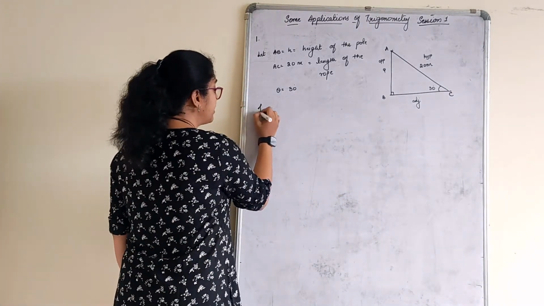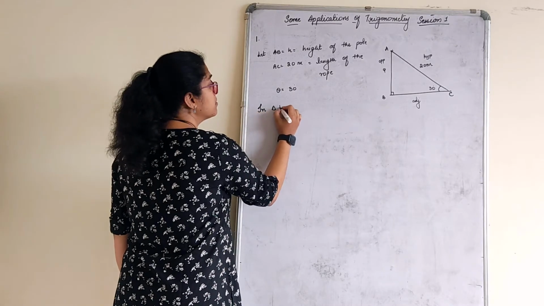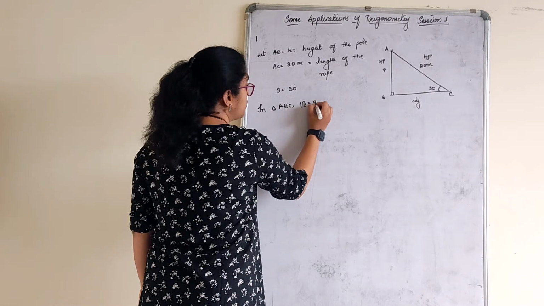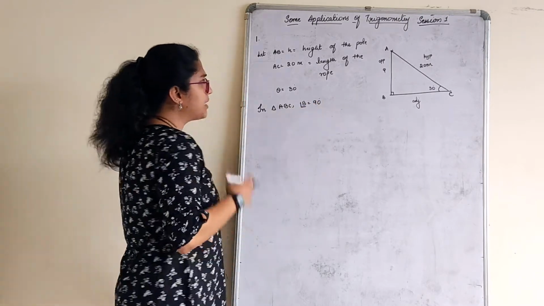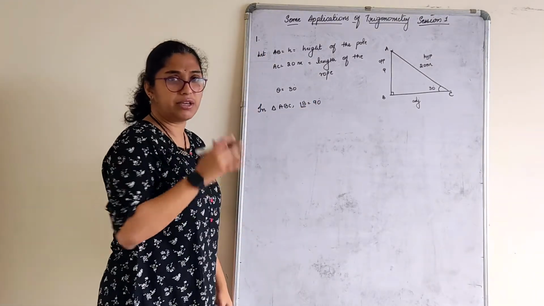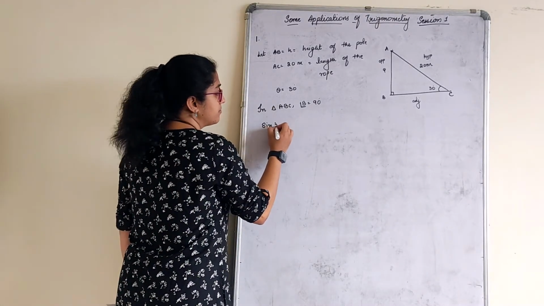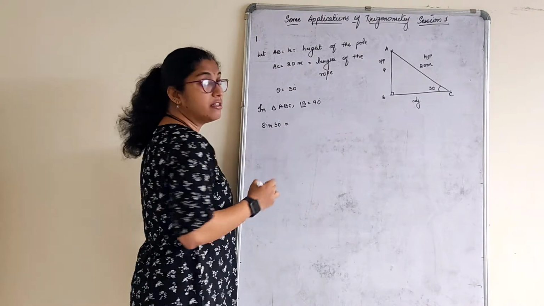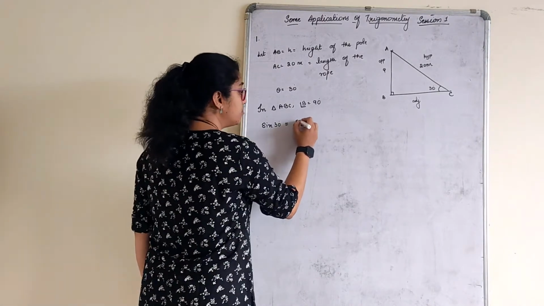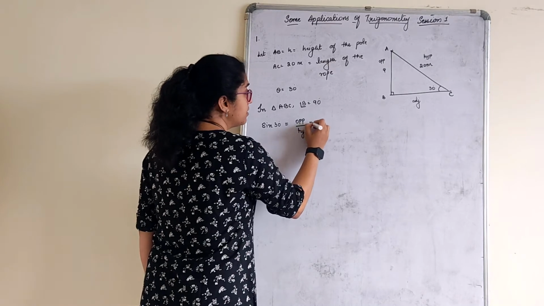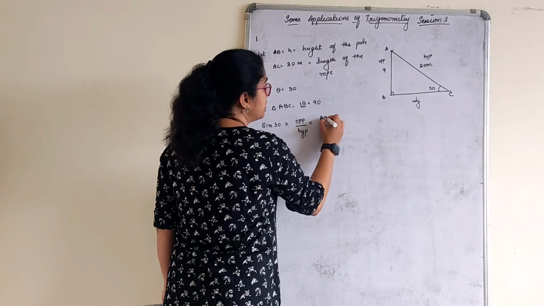So in triangle ABC, angle B is equal to 90. Compulsorily these things, what I have written, these are the compulsory statements. Sine 30, you should be perfect with the angles also, is equal to opposite by hypotenuse. What is your opposite here?